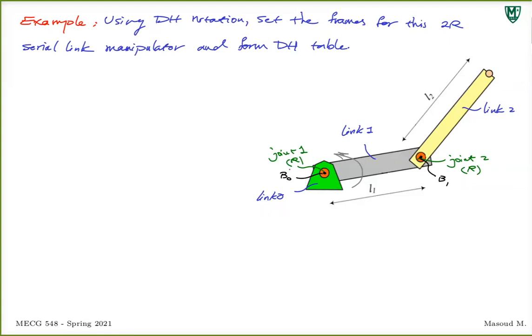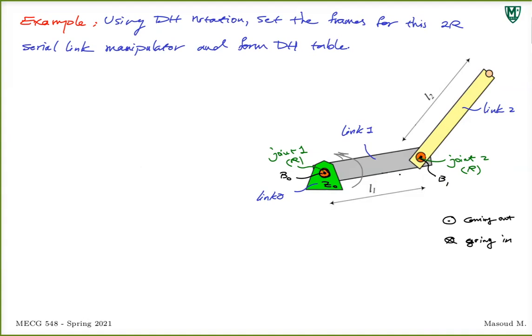So the z-axis for joint 1 is an axis coming out of the screen. This is z naught coming out of the screen. I show coming out in 2 dimensions with this symbol, and going in with another. So now we know the direction of z naught.